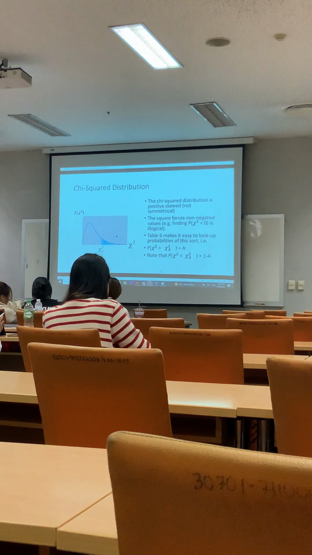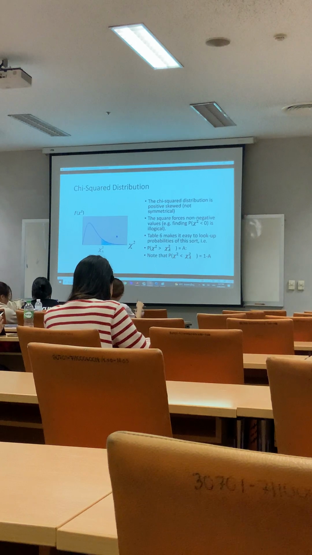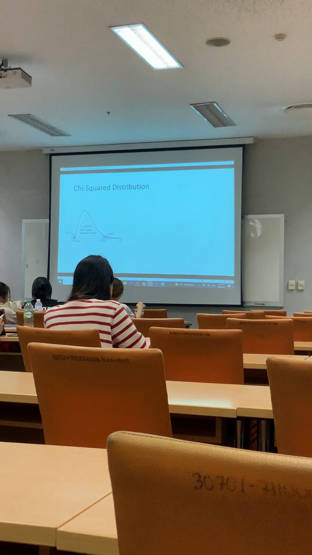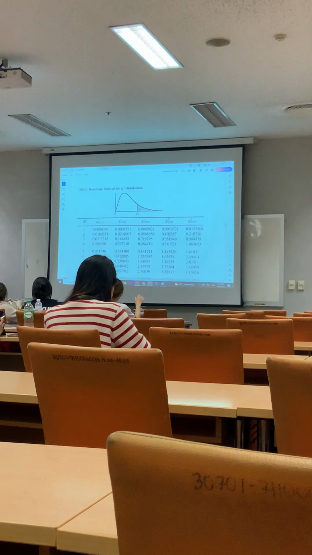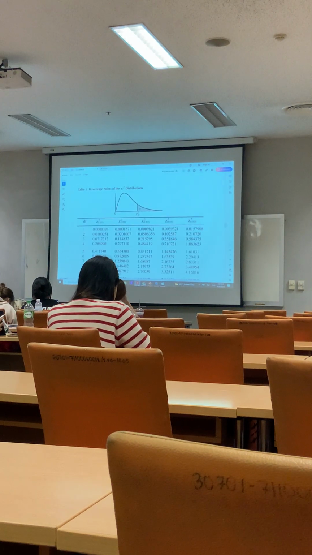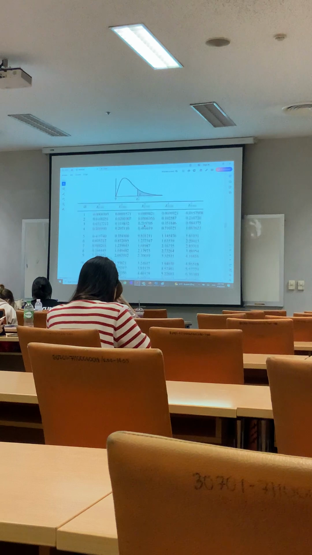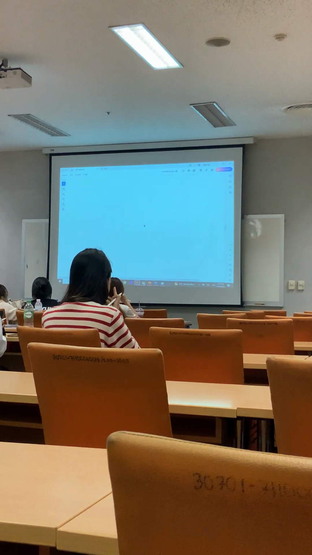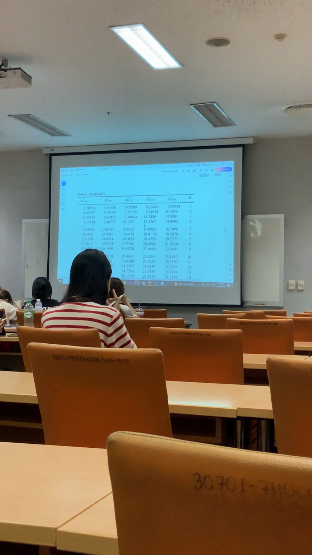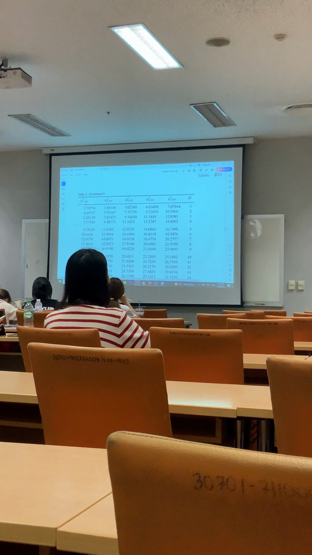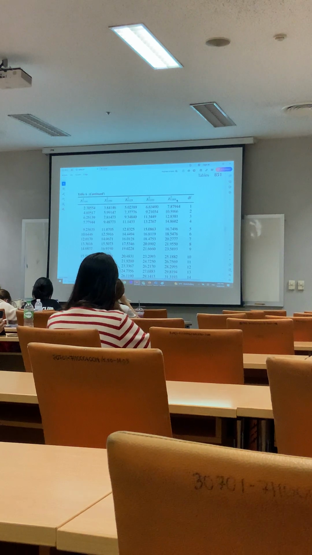However, you can see that in my table, I have two chi-square tables. In one, the probability is above 90%. The second one is where the value starts from 10% and then keeps decreasing: 5%, 2.5%, 1%, and 0.5%.